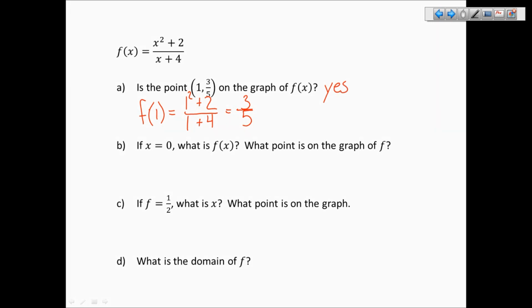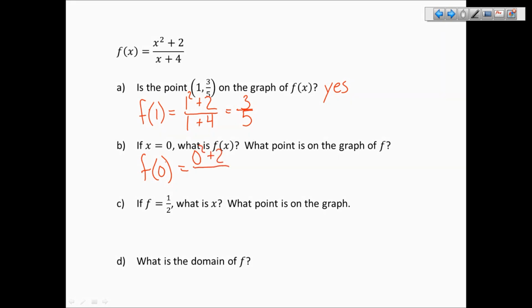Now don't forget to actually answer the question. This is a yes or no question. The math proves it, but you have to answer it. Okay, B. If x equals 0, what is f of x? And what point is on the graph of f? So really, this is a lot like the previous problem. We're going to take 0 and plug it into our function, see what we get, and determine our point.